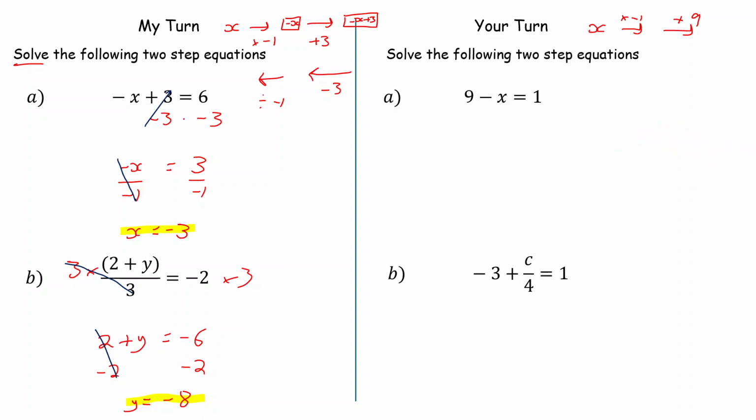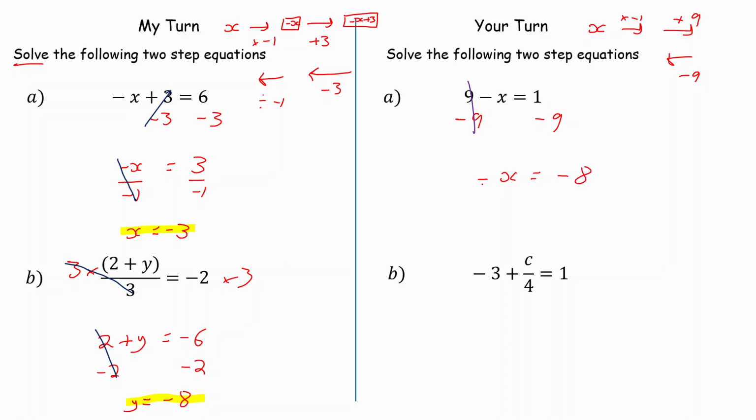So we saw over here, right, we began by getting rid of that number. Same thing over here. We've got a positive 9 over here. The opposite of a positive 9 is to take away 9. So we take away 9 on both sides. And then what's going to happen here is that these guys are going to cancel. So you're left over with the -x. -x being equal to 1 take away 9 is equal to -8.